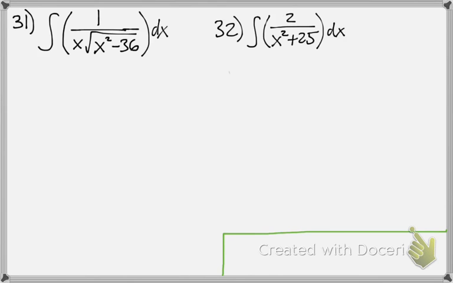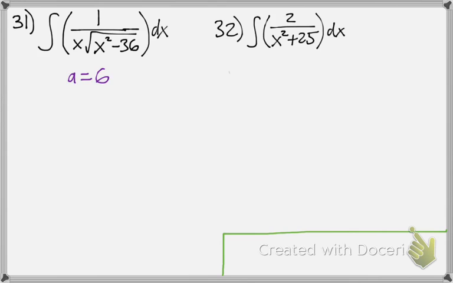This one matches up with the secant. So we have to be careful here because we have x's and we have a's. The x's are going to be our variables. The a, in this case, is equal to 6 because 6 squared would get you the 36 there.